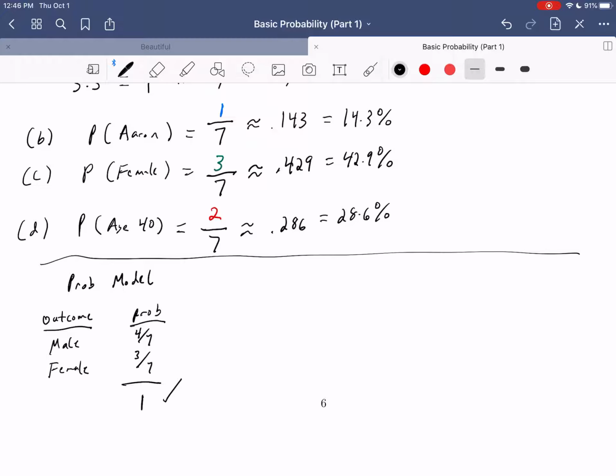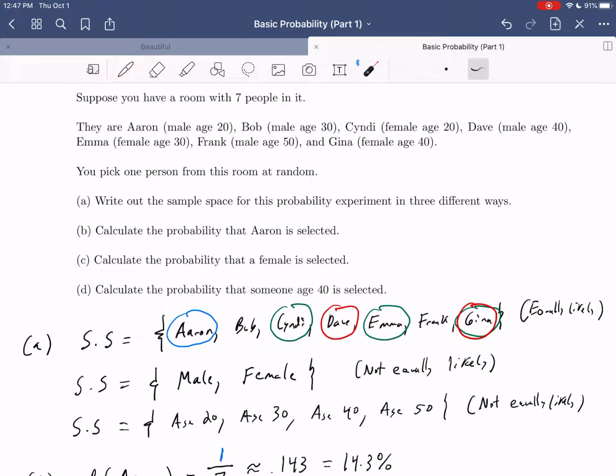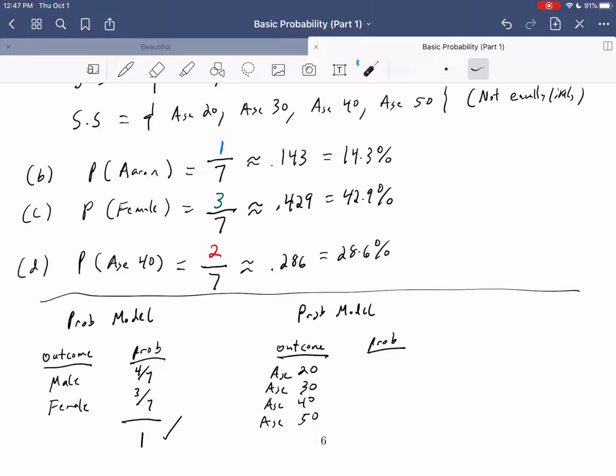Can we write up a different probability model? Sure, right? Instead of focusing on gender, we could go ahead and view the outcome that's important to us as their age. So age 20, age 30, age 40, or age 50. And we could write out the probabilities here. What's the probability that we get age 20? Well, age 20 would just be Aaron and Cindy, so it'd be 2 out of 7.